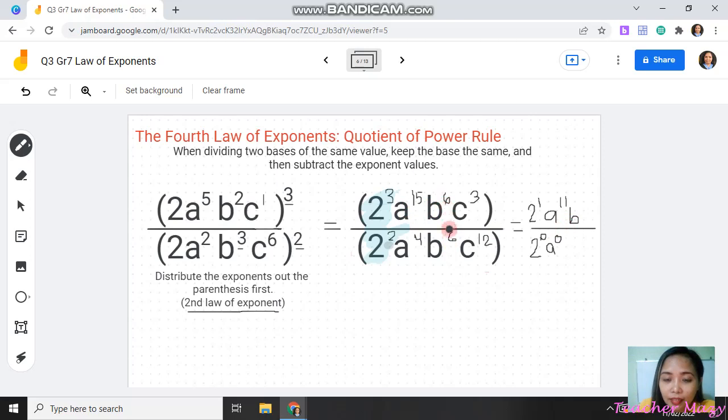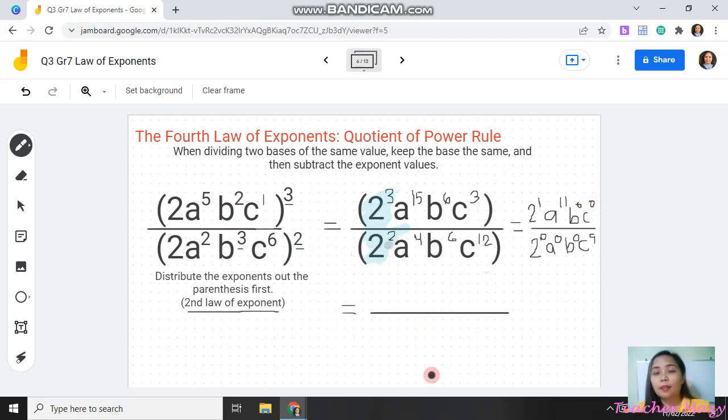Since parehas sila ng exponent, so 6 minus 6 is equal to 0, and then 0 din sa baba. And for letter C, yan. So, we have 12 is bigger. So, that means 12 minus 3, that is 9. And 3 minus 3, that is equal to 0.